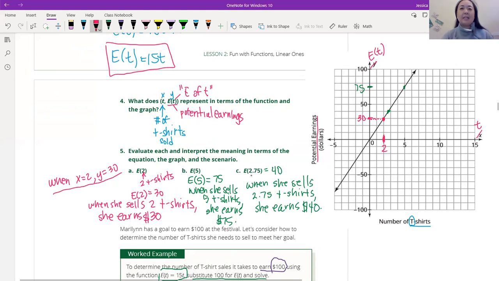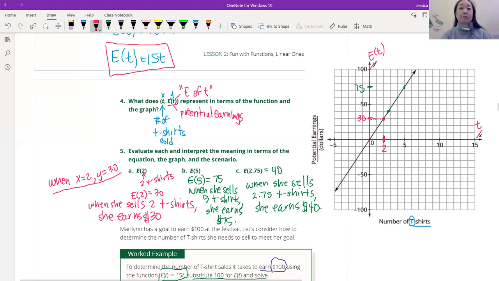And then E of 2.75, this is weird. We go to 2 and a little bit more, close to 3, and we land right about there at 40. So what does that mean? When she sells 2.75 shirts, she earns 40 bucks, which is weird. Is that something we would normally do? No, we wouldn't normally do that.